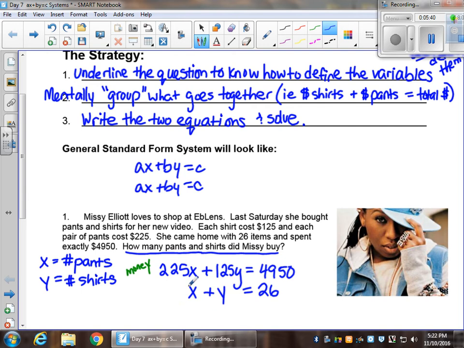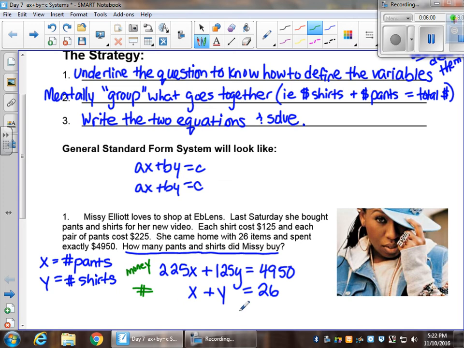So mentally you can think number plus number equals total number. So this equation is all about the number that she bought. Number of pants plus number of shirts equals 26. We have mentally grouped what goes together, and we've written our system, which is part of step 3.